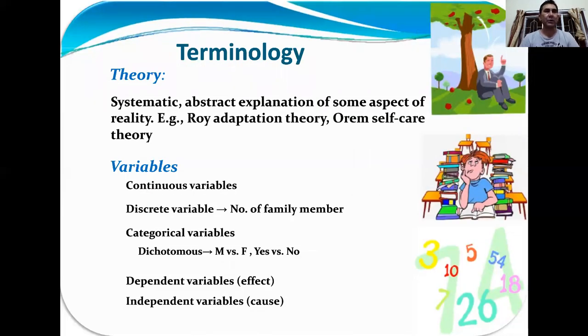A theory is a systematic, abstract explanation of some aspects of reality. A scientific theory is a well-tested and well-defined explanation of a hypothesis about some aspects of the world around us.